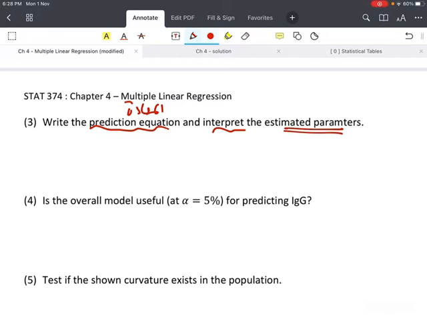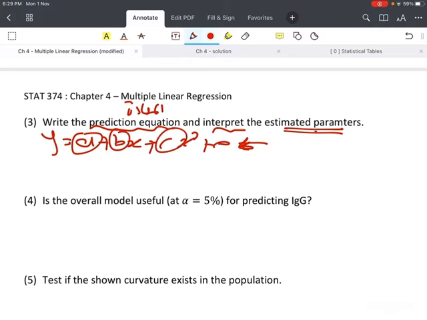So this will be y equal a plus b x plus c x تربيع plus e. يبيني أحط هذا الموديل fitted. Then I will write the interpretation for each parameter: A, B, and C.